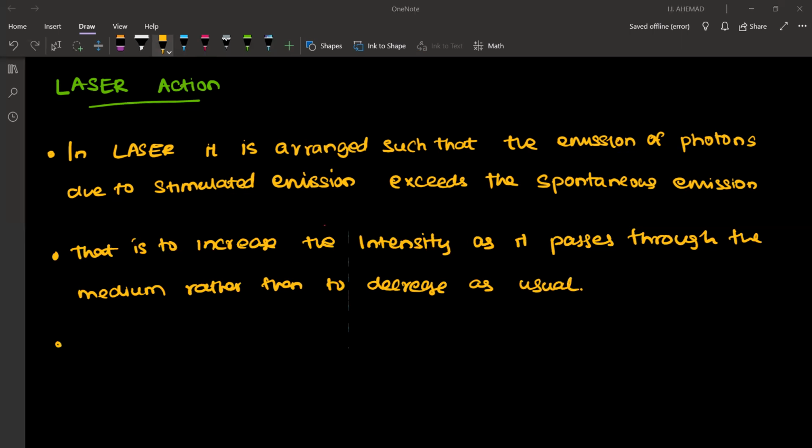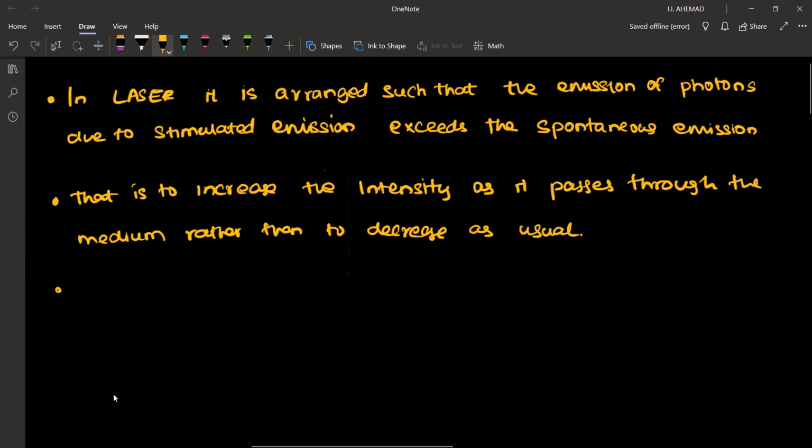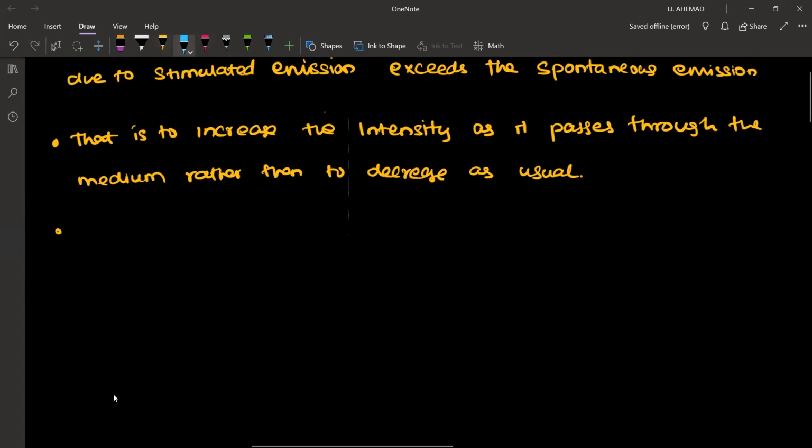So if we want more stimulated emission, I want to have more excited electrons, right? What is the general case? In the general case, more electrons will be in the ground state. In most of the atoms, the electrons will be in the ground state.